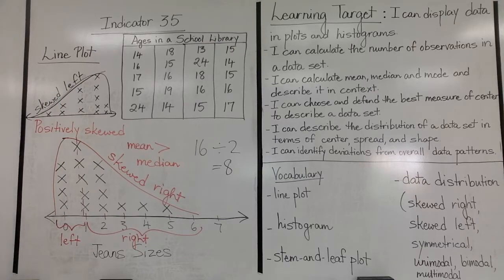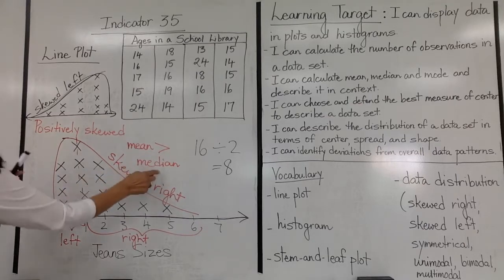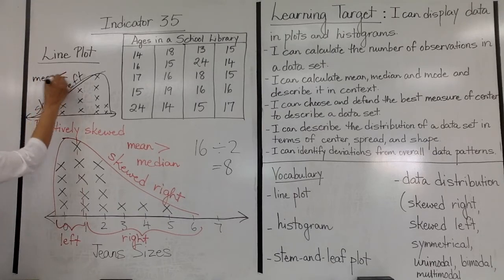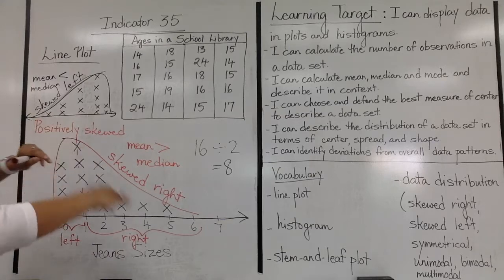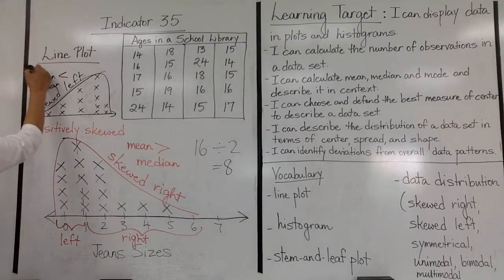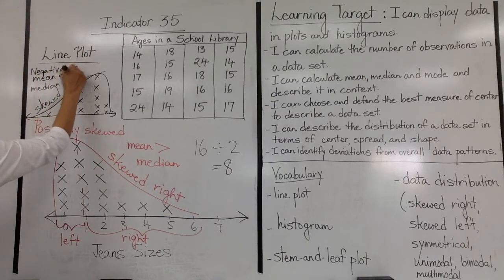And this is basically the absolute opposite of your skewed right. In this, the mean is going to be less than the median. So the mean is less than the median. And since this is skewed to the left, this is also called negatively skewed.